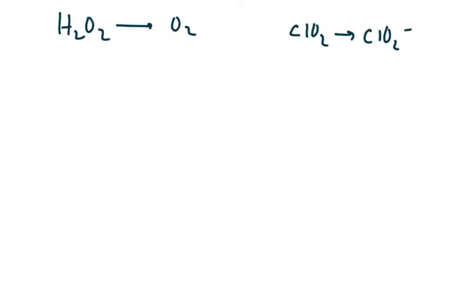Okay, so now I wrote them here. Let's follow the steps. There are no elements other than O and H on the first one. On the second one, the chlorine's already balanced. So we're pretty much at the point of balancing oxygens followed by hydrogens.